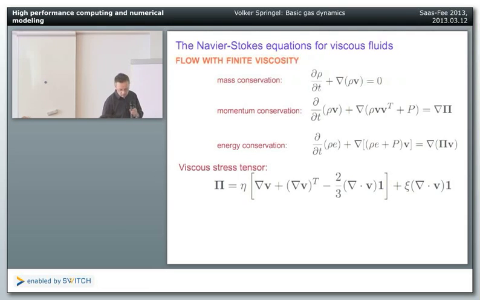And this pi is called the viscous stress tensor. The most general form that this can take is this. It's a sort of second rank tensor in the velocities, and there is a shear viscosity part and a bulk viscosity part. There are two material coefficients, eta and this psi here, and they are determined by the material.